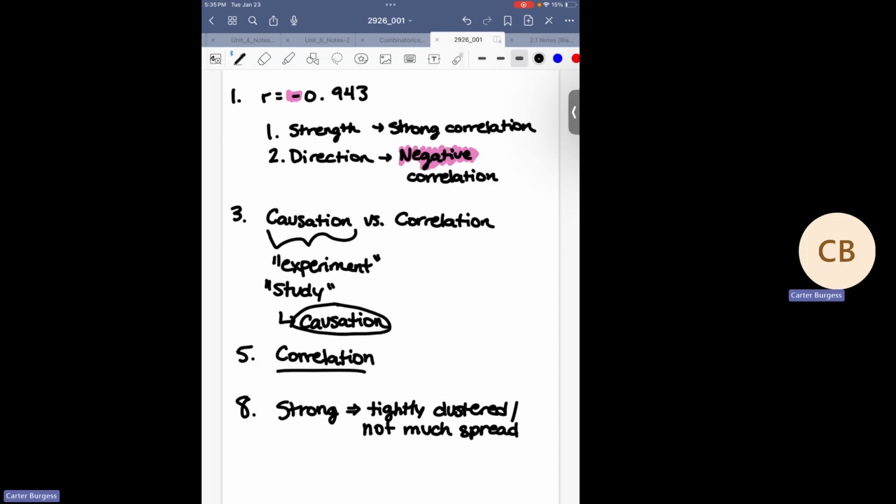And so while A is a decently strong positive correlation, B is certainly a stronger negative correlation, versus A, which would be like a moderately strong positive correlation. And again, there's not an exact science to this. I mean, there is, we have numbers for it, but for our purposes, looking at that idea of clustering.